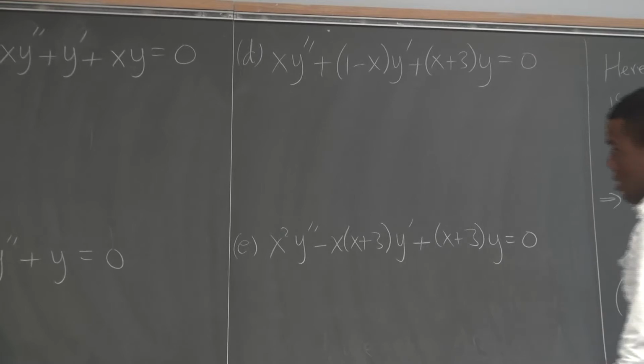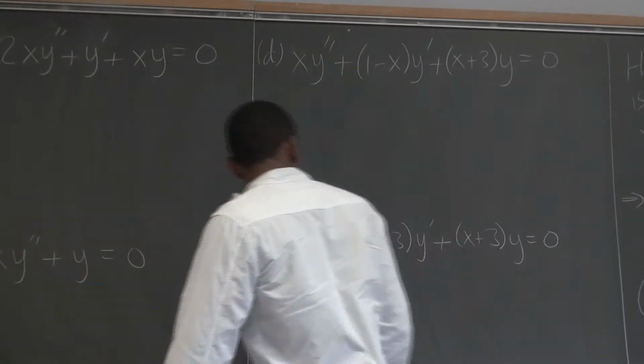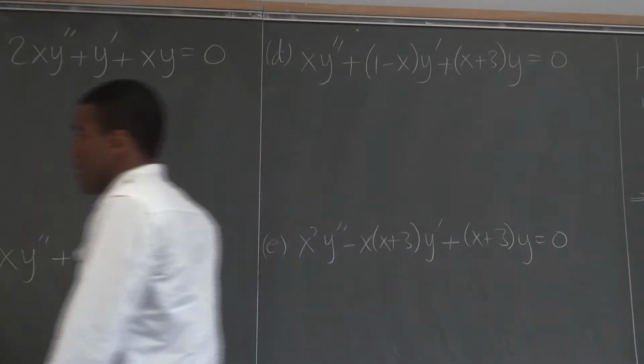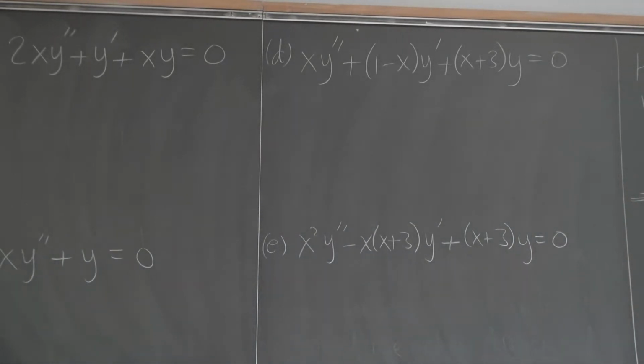Here we have a bunch of almost Euler equations. They are very close to being Euler, but they're not exactly Euler because someone messed up in their form. Start with this one. What's the indicial equation?